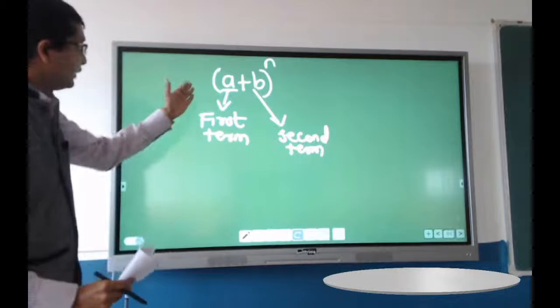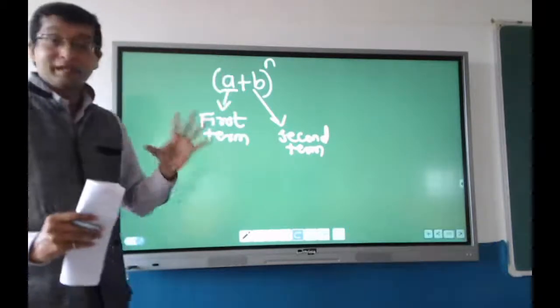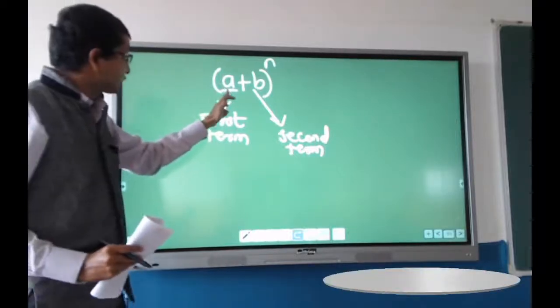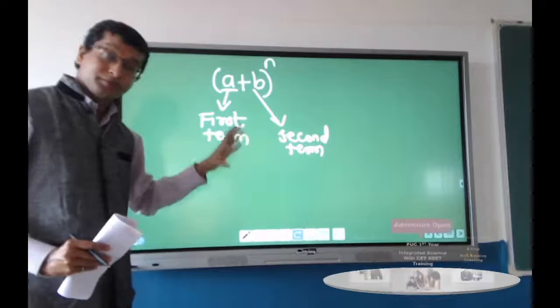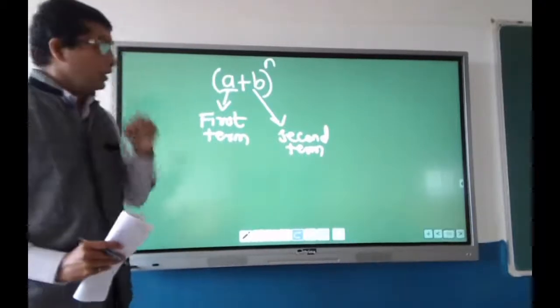You can take (a plus b) raised to 100 also. So binomial theorem: bi means 2, first term and second term. Two terms, expansion, we call it the binomial theorem.